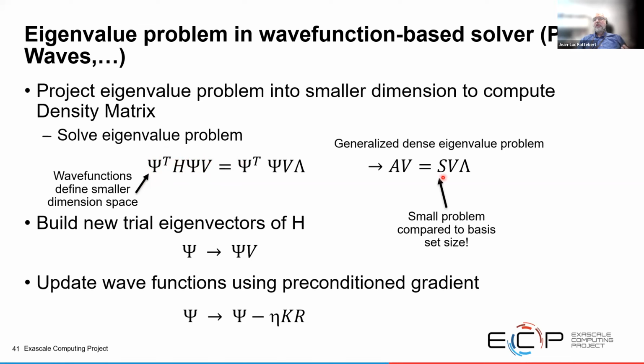What you end up with is essentially the same problem we've been trying to solve with PROGRESS and BML, which is calculating the single particle density matrix within that subspace, solving a linear algebra problem within that subspace, a much smaller problem.